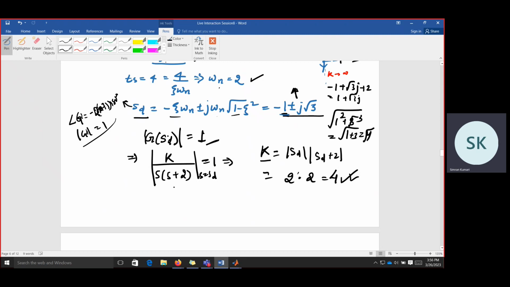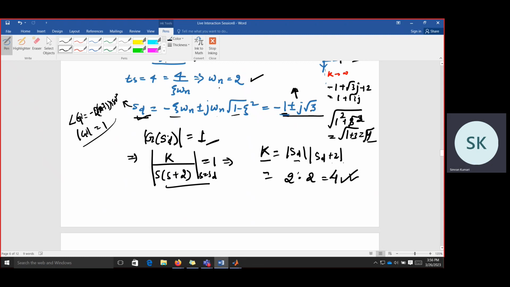Now, if at this pole it is satisfied, then K will be equal to the magnitude of s(s plus 2). So s is minus 1 plus j root 3, and this magnitude will be the square root of 1 square plus root 3 square, which is root 4.